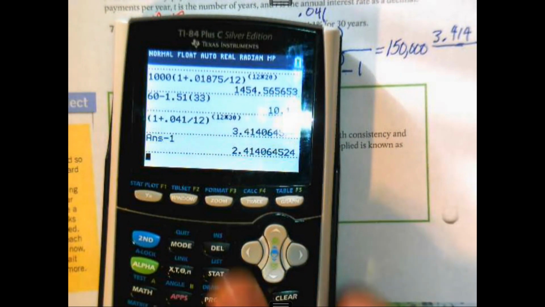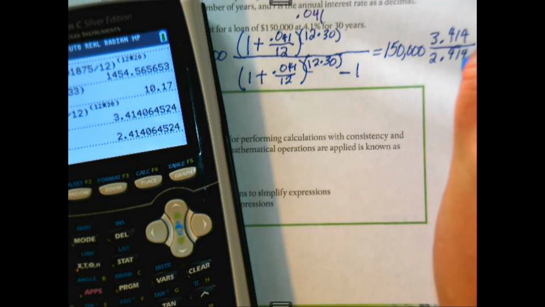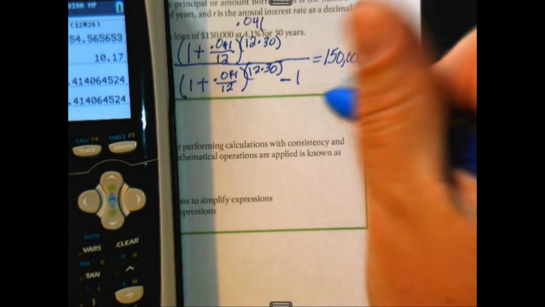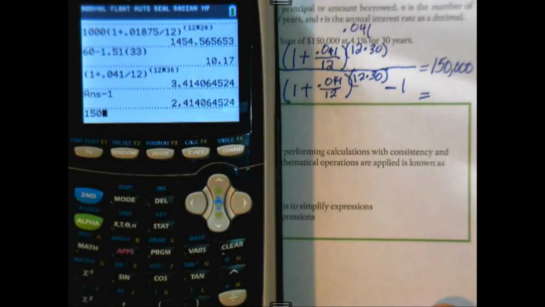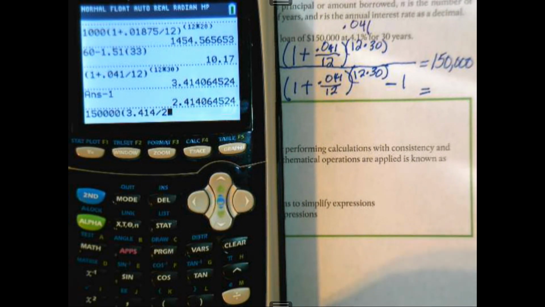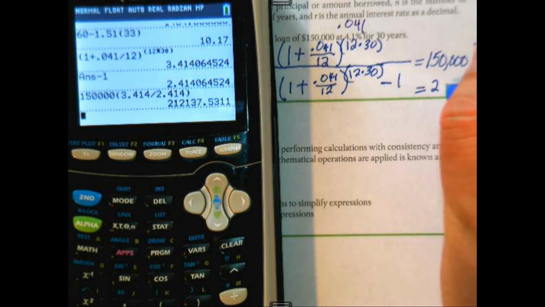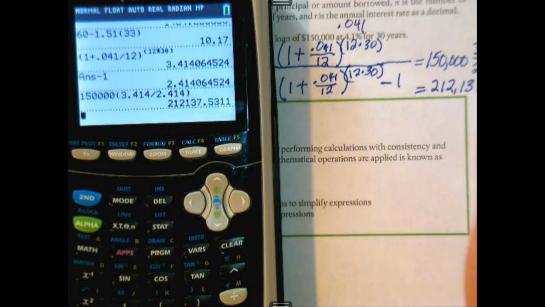Minus 1, I get 2.414. Then I'm going to take 150,000, multiply it by 3.414 divided by 2.414, and I get 212,137.53.